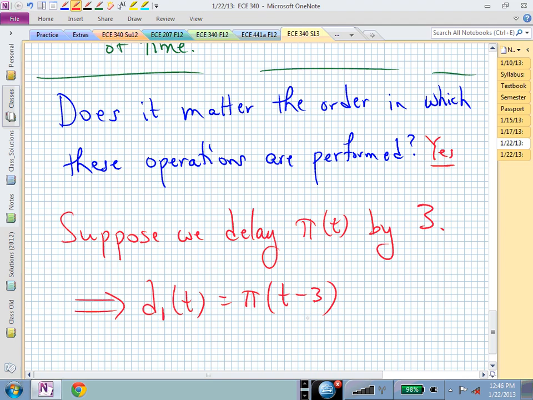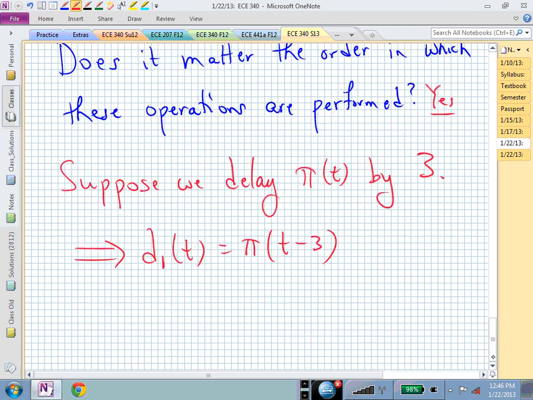That's delaying pi by 3, which pictorially says that you can come out here to 3 and have a unit pulse of width 1. And that's now d sub 1 of t.